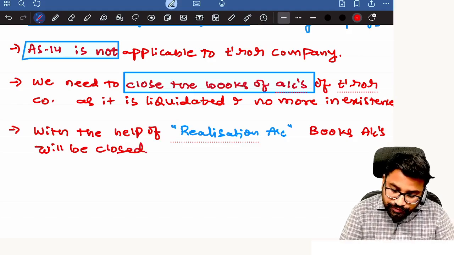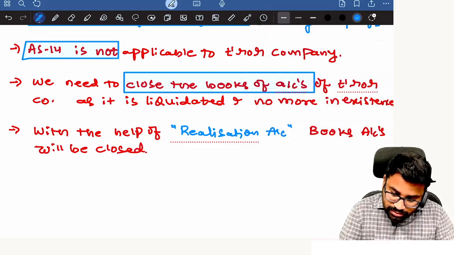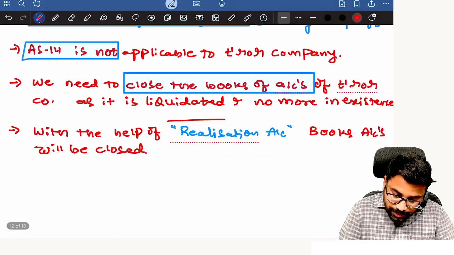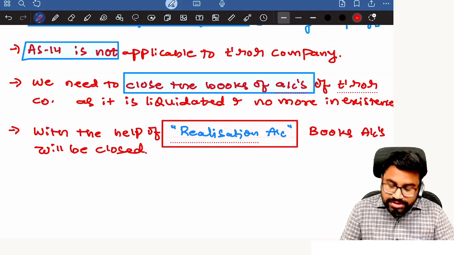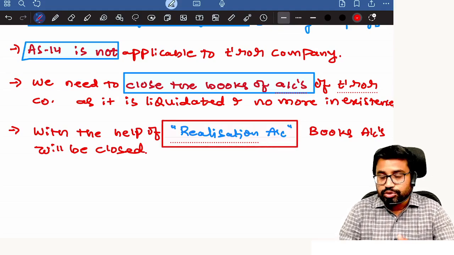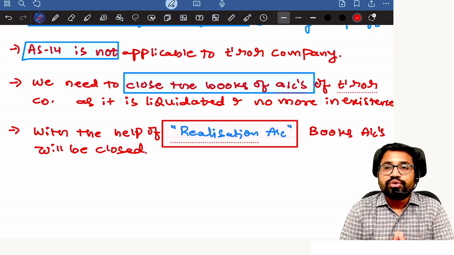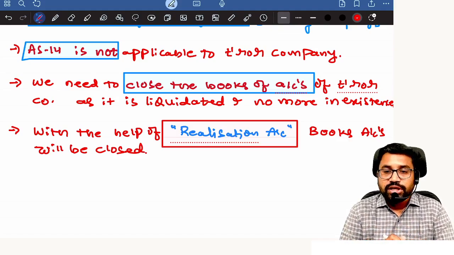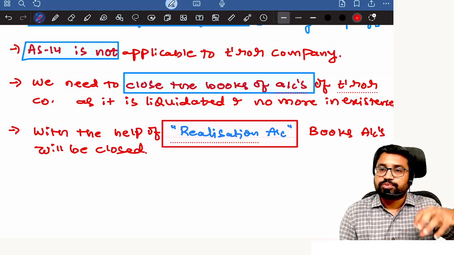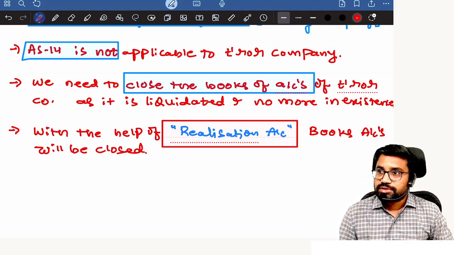What is the purpose of realization account? The purpose of realization account is ultimately through this transfer, through this acquisition and through this amalgamation, whether we are on the profit side or loss side, and ultimately those profits and losses must also belong to our shareholders.